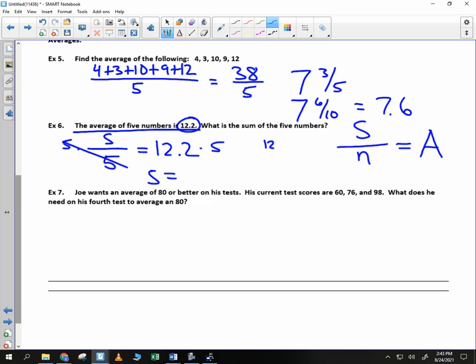So 12.2 times 5. Very good. 5 times 2 is 10. Carry the 1. 5 times 2 is 10, so 11. 5 times 1 is 5. Add 1, I get 6. 1 decimal point, 61.